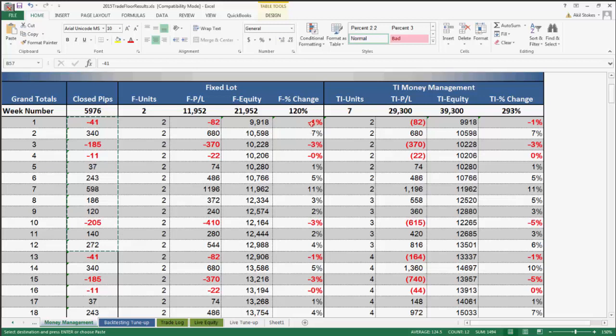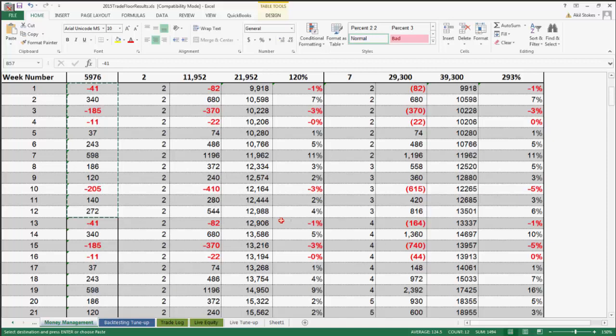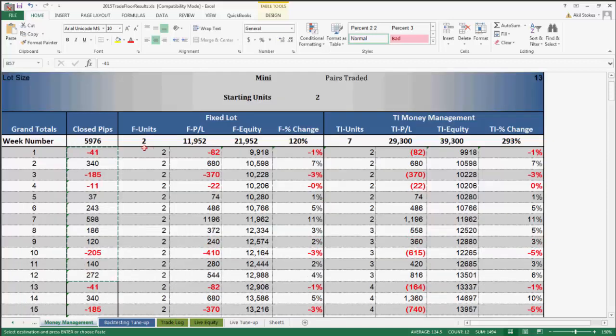But look at our drawdowns: 1%, 3%, this is point something. 3% was our biggest drawdown. And the beauty of that happens when you go over to the right side. Remember, the left side of this chart here is no money management. This is just straight up trading, set position size.